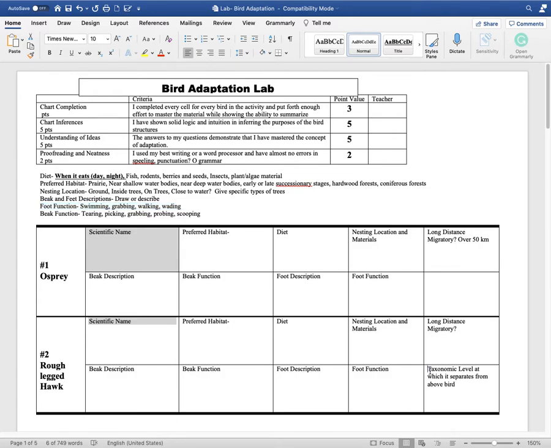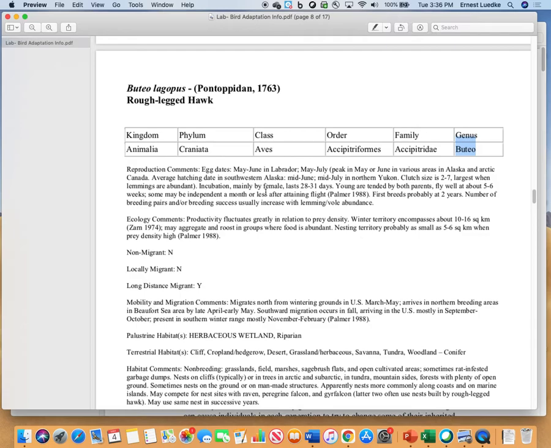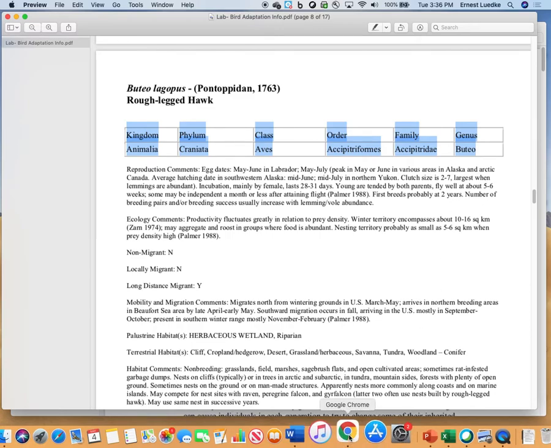Then the other cell that I've got to give you some directions for here is the taxonomic level at which the bird separates from the above. All right, so if you compare the taxonomy of the rough-legged hawk to the taxonomy of the osprey, you're trying to figure out what level are they no longer in the same category.